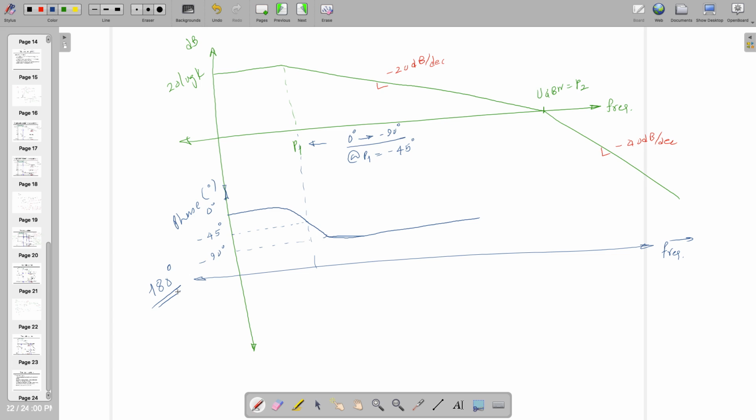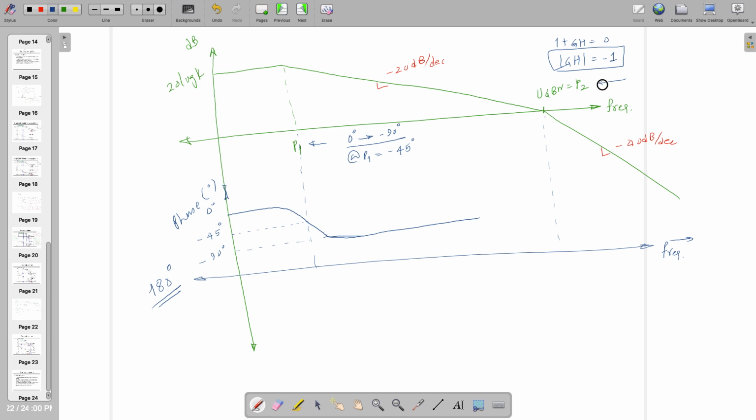This is all because of the fact that we are drawing everything near the characteristic equation where 1 plus GH equals 0. So mod GH is equal to minus 1, or you can say that the magnitude is one, and we are looking for 1 with 180 degree phase shift, right, from this equation. So that's how this phase margin came into the picture.